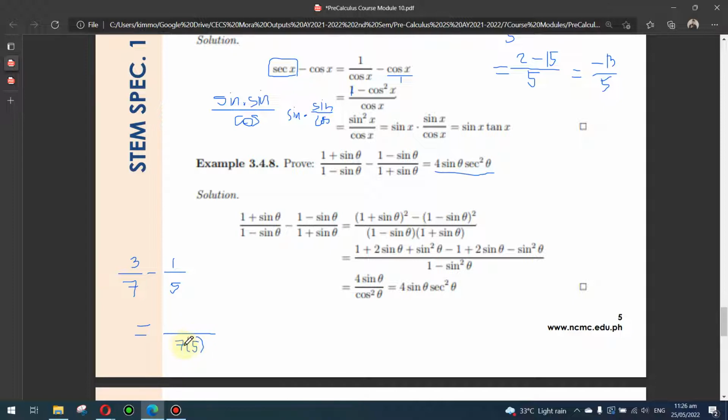Then perform din to nimo. 7 times 5 divided by 7, so ma-cancel sa 7, mabilin 5. 5 times 3 is 15. Minus 7 times 5 divided by 5, so ma-cancel si 5, mabilin si 7, times 1 is 7. So, mabilin ani is, pila ni 8 over 7 over 5. So, nga na, no?